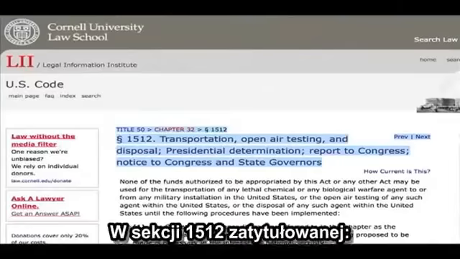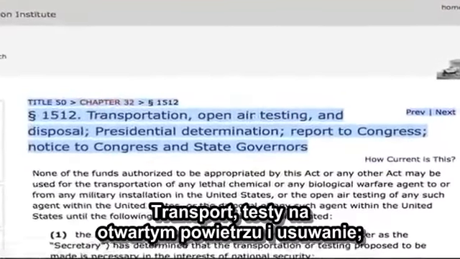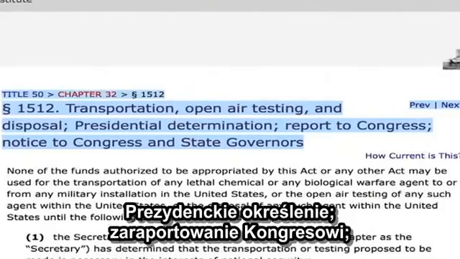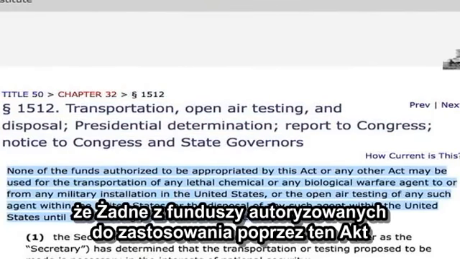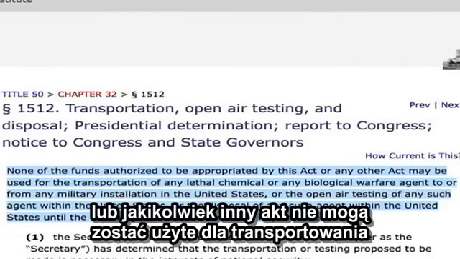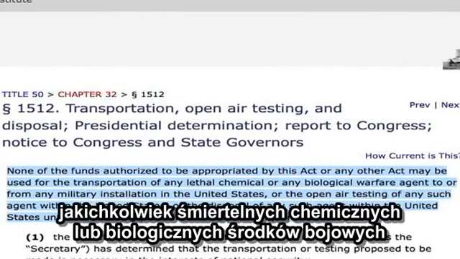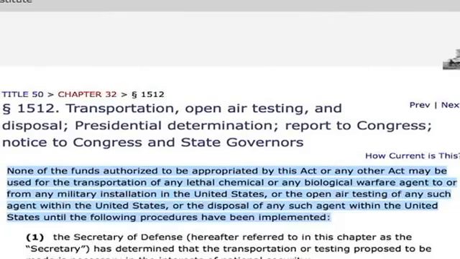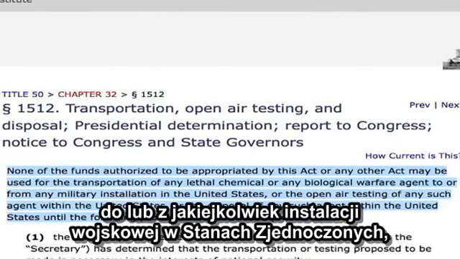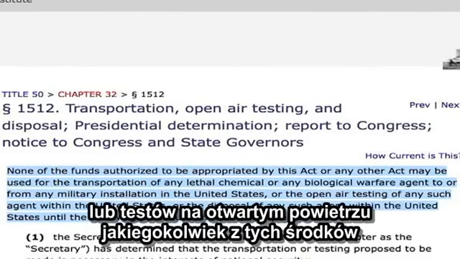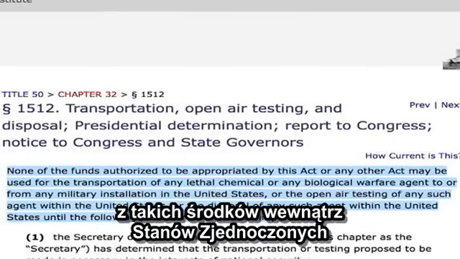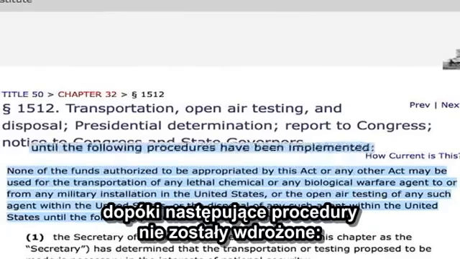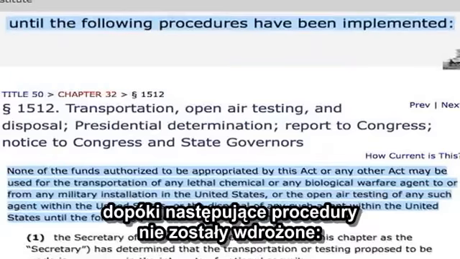Under Section 1512, titled Transportation, Open-Air Testing, and Disposal, Presidential Determination Report to Congress, Notice to Congress and State Governors, it states that none of the funds authorized to be appropriated by this Act or any other Act may be used for the transportation of any lethal chemical or any biological warfare agent to or from any military installation in the United States, or the open-air testing of any such agent within the United States, or the disposal of any such agent within the United States, until the following procedures have been implemented. 1.